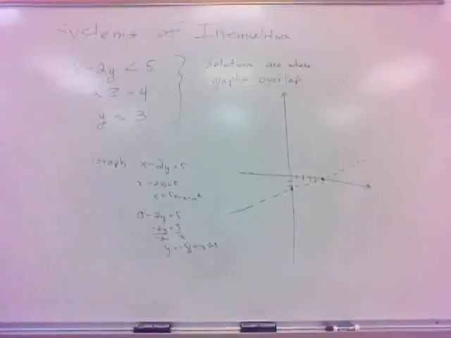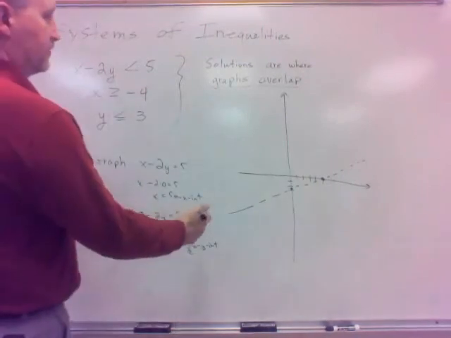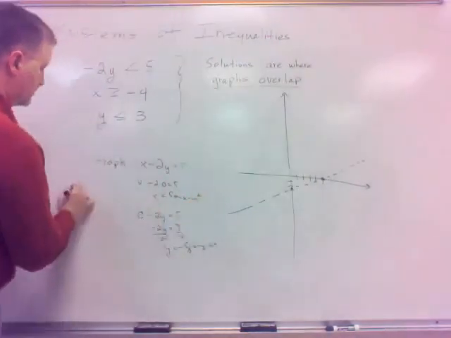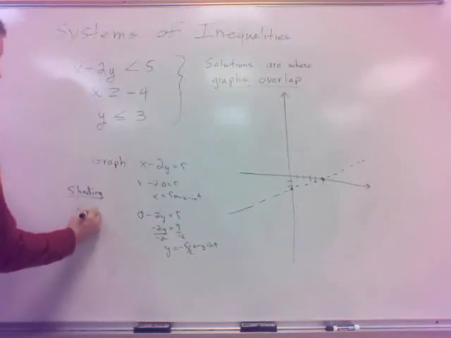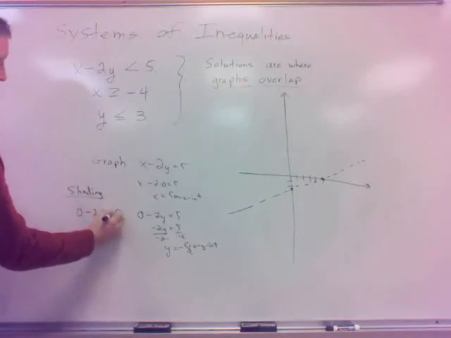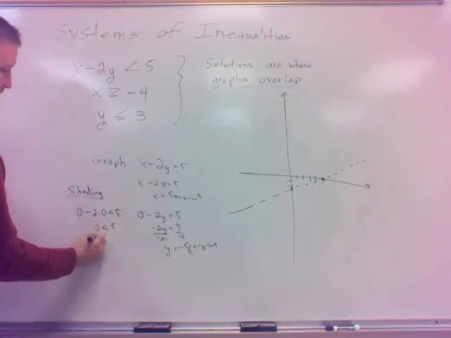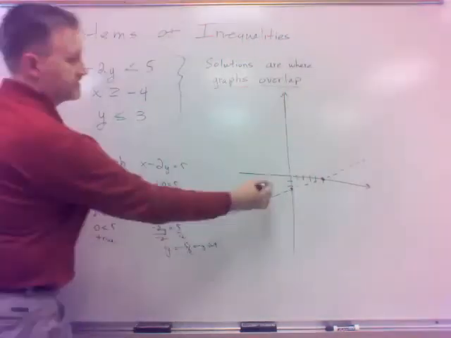And since I want to know where the graphs all overlap, I'm just going to document here which side I would shade without actually maybe doing all the shading. You can if you want, but as far as the shading goes on that, check 0, 0. 0 minus 2 times 0 is less than 5. Yeah, that's true. Okay. So I would shade the 0, 0 side, which would be this side.